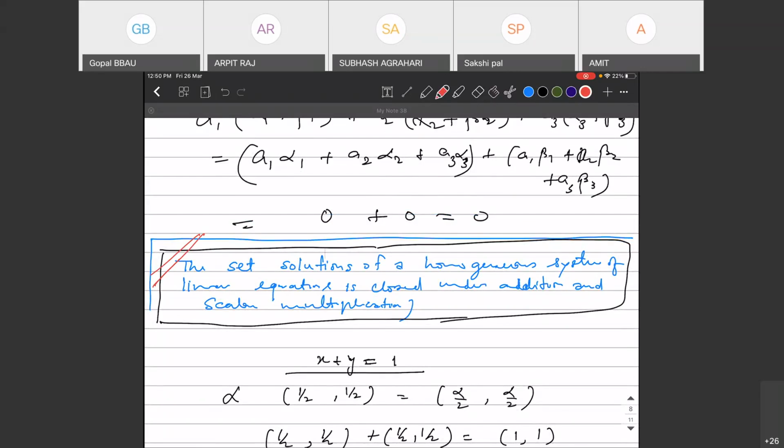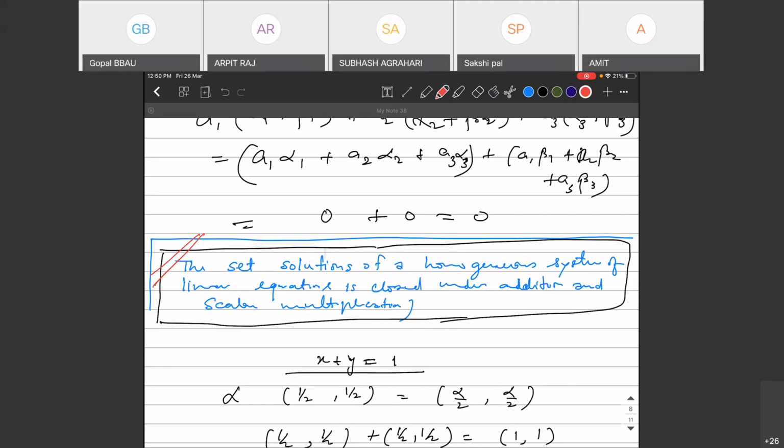Since you have studied this, I am assuming that you know what a vector space over a field is. You all know it is also called a linear space. Do you know this fact? Vector spaces are also called linear spaces.